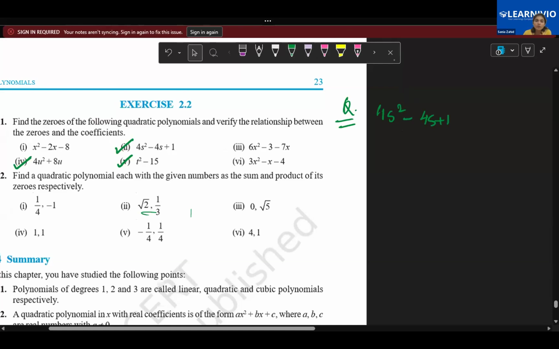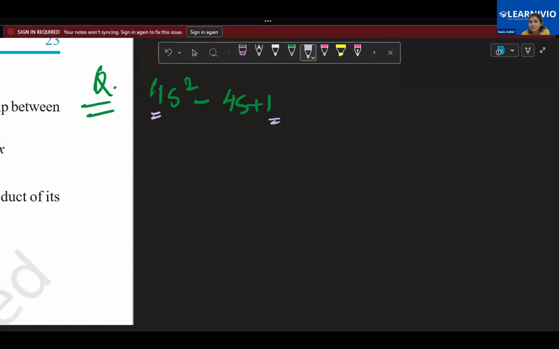For middle term splitting, the process is that you take the first term and the last term and you multiply them. So 4 into 1 is 4 only. And now what are the factors of 4? Factors of 4 are 1, 2, and 4. Now just make such pairs of these factors so that you get minus 4, right?